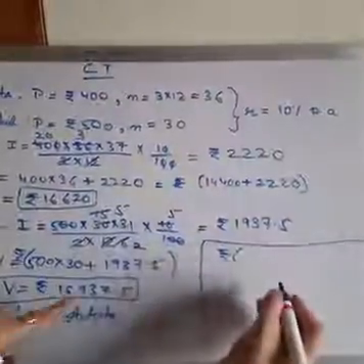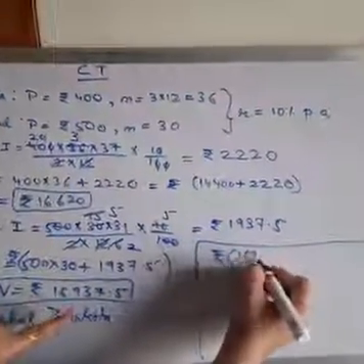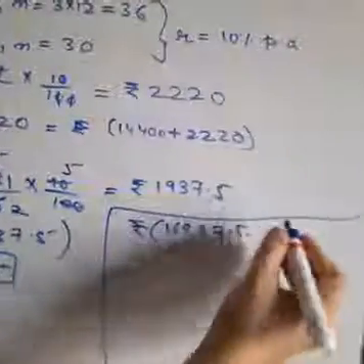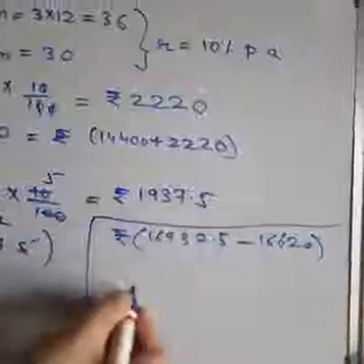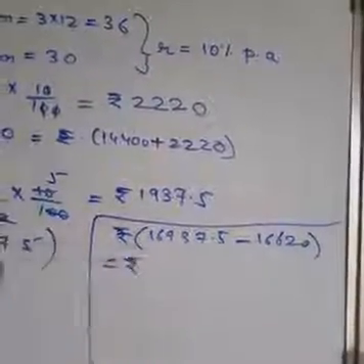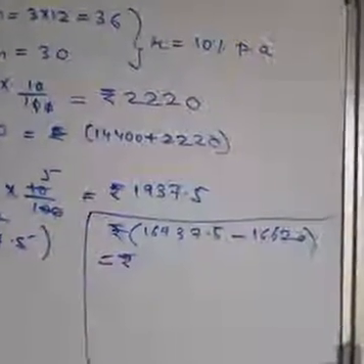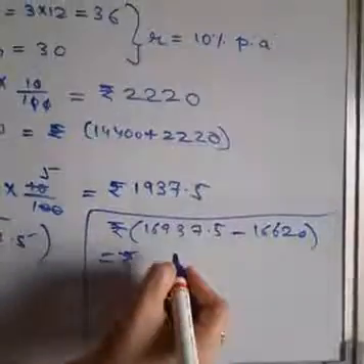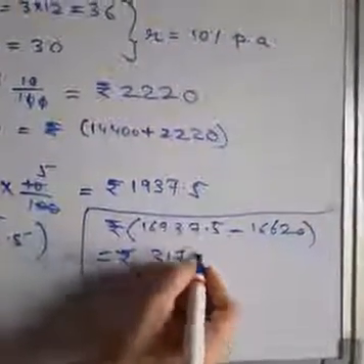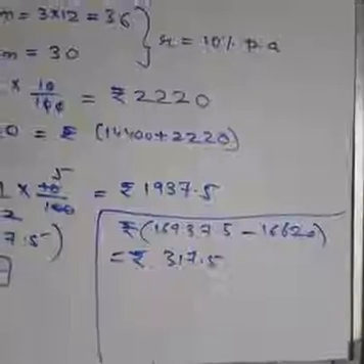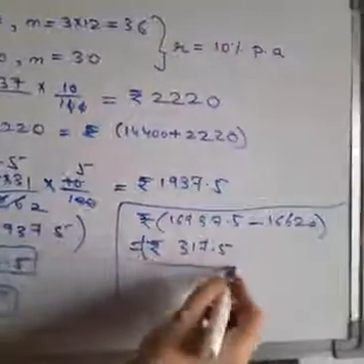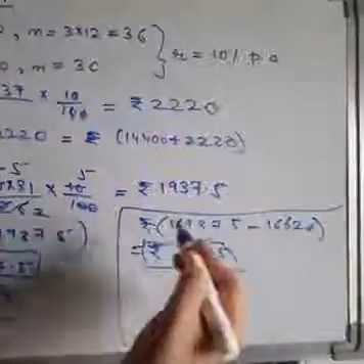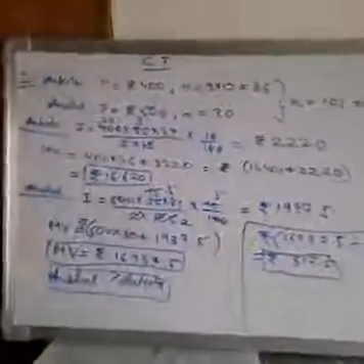So this is rupees 16,937.5 minus 16,620. So get the difference. This difference will come to be rupees 317.5. So this is one thing asked. Anshul's maturity value is greater by rupees 317.5.